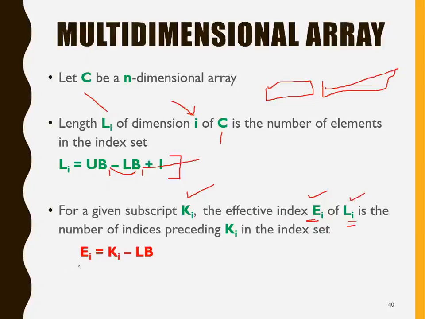It is represented by this: the effective index is ki, whatever the value of the given subscript, minus the lower bound in that particular dimension. It will give me the effective index. Like if I want to access a particular element in a given dimension, the subscript position minus the lower bound value in that dimension will give me the effective index of the given element in that dimension.